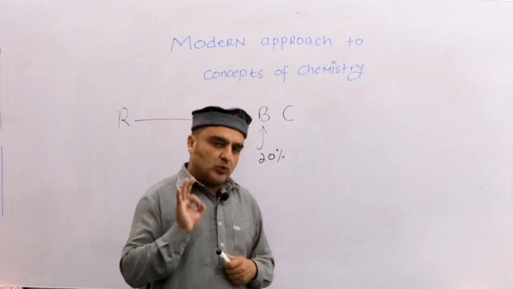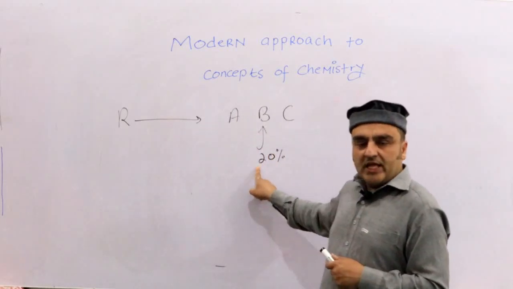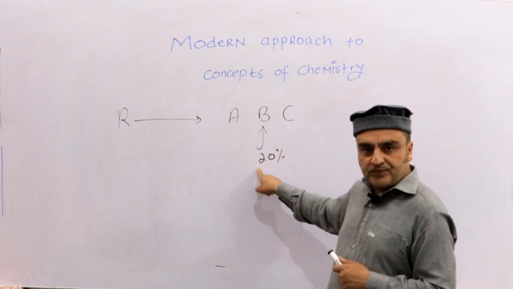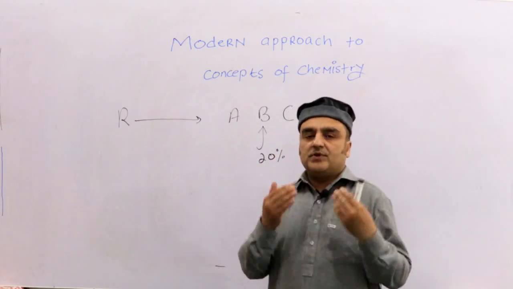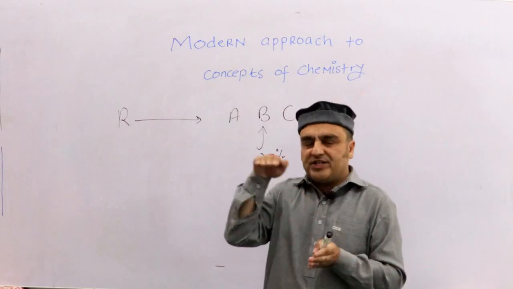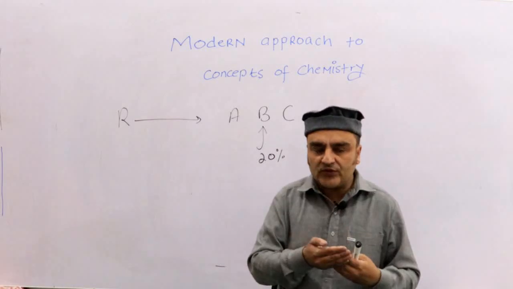If we understand what is happening in that chemical reaction, we can increase this amount. How we will do this, you will understand, because it's a little bit more advanced course than that on the basic concepts of chemistry.